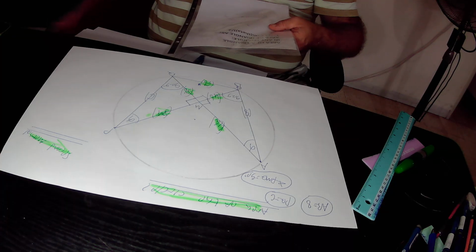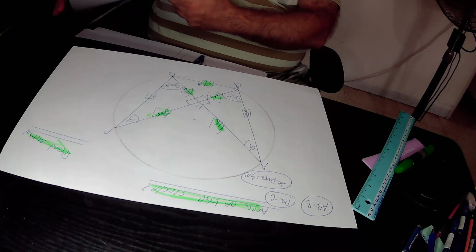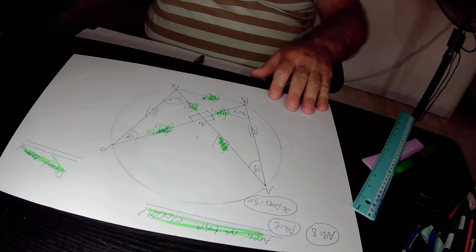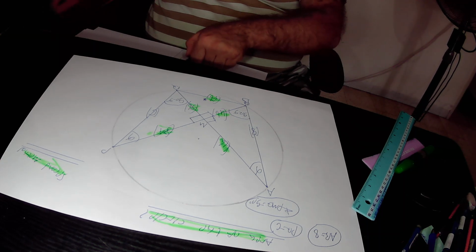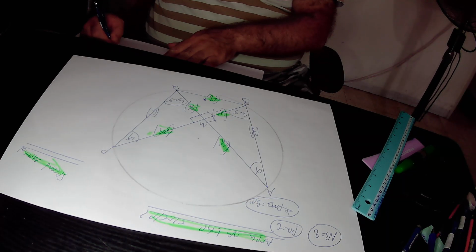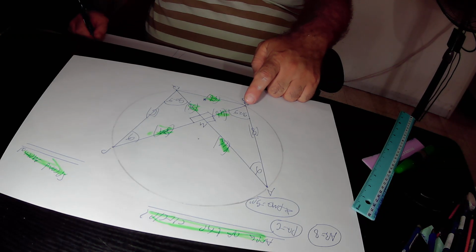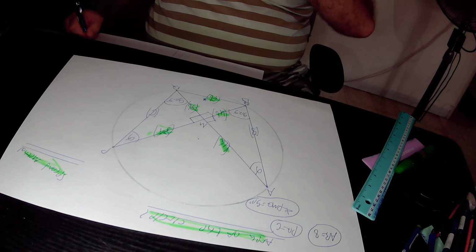So, we use the new formula in order to find the area of this triangle ABQ. According to the new formula, the area of triangle ABQ will be equal to AB times BQ times sine of the angle between the two sides, that's the angle ABQ, divided by 2.